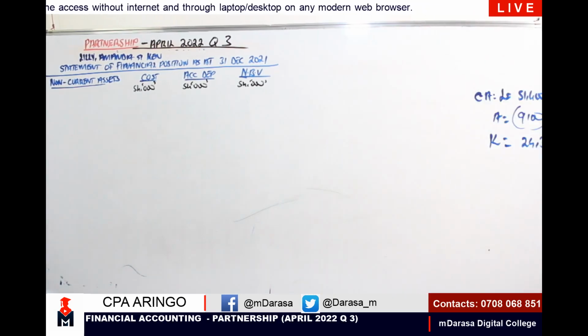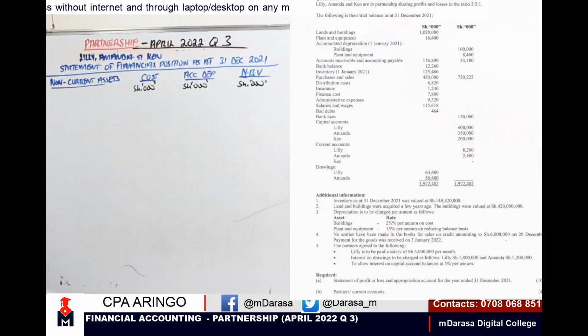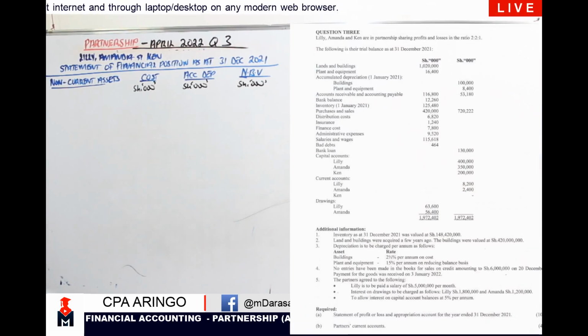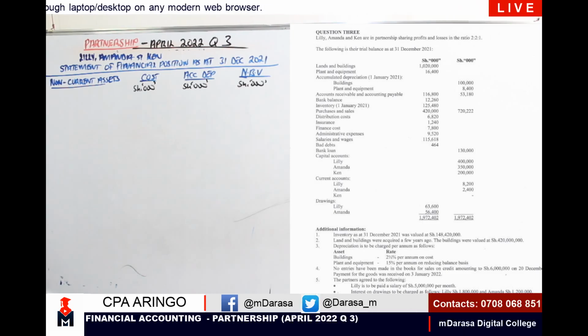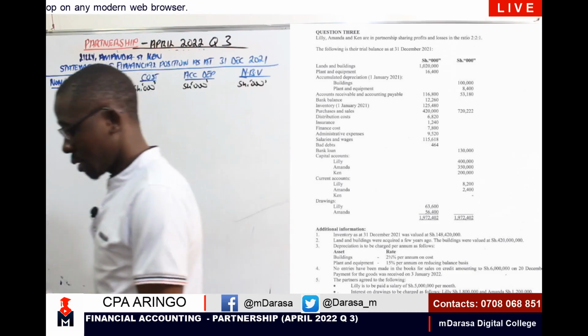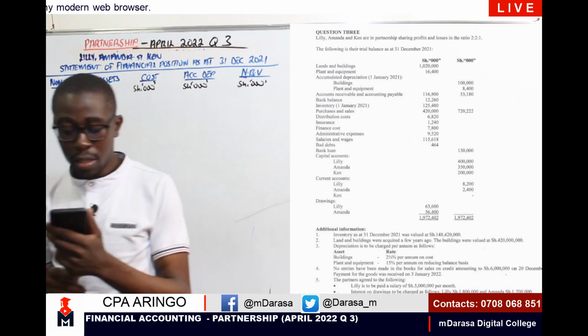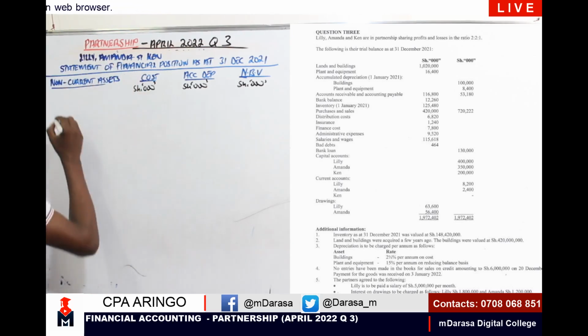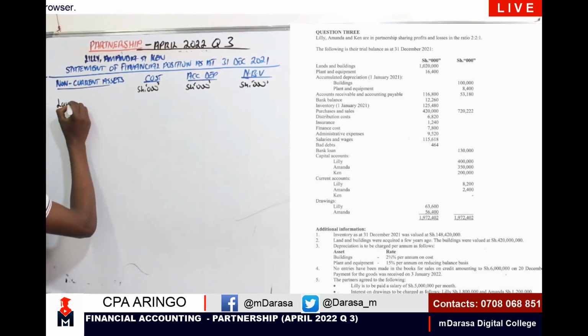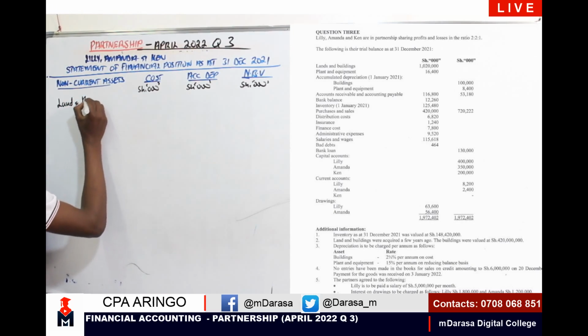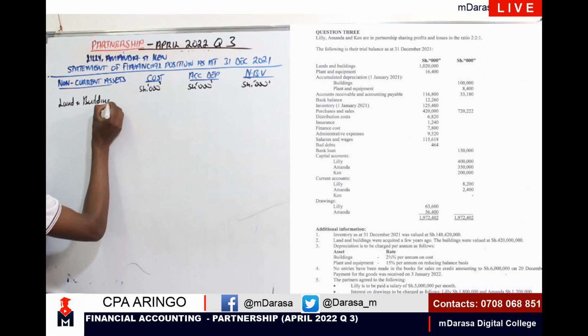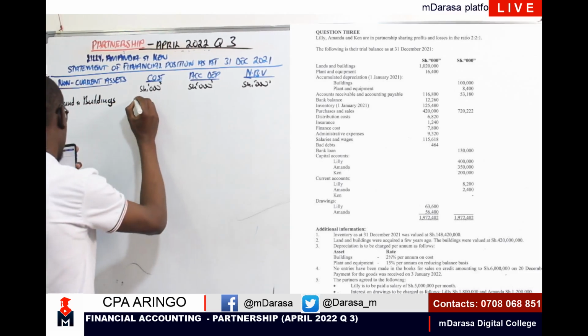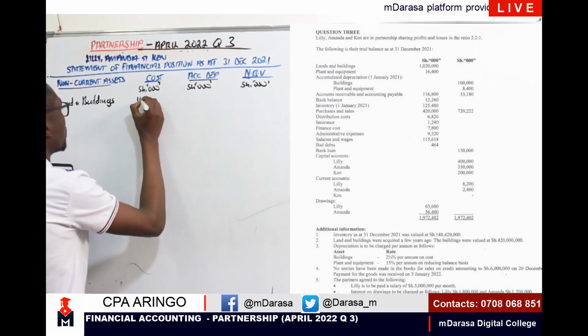I'm going to share our question at that point. We start with our assets. The first asset here I'm having is land and buildings. The original cost I was having 1020.